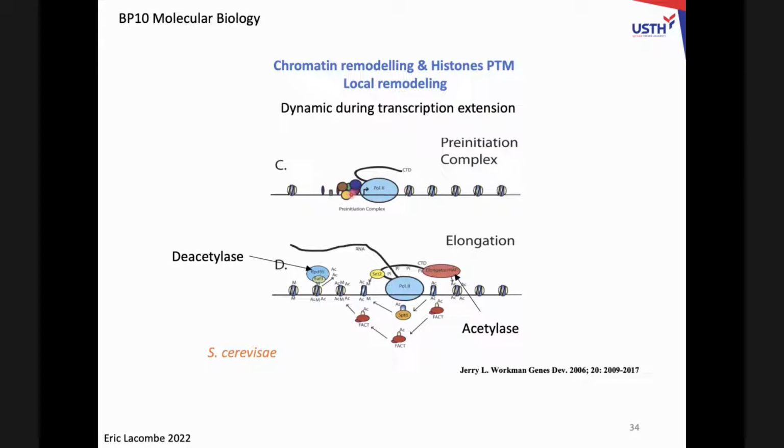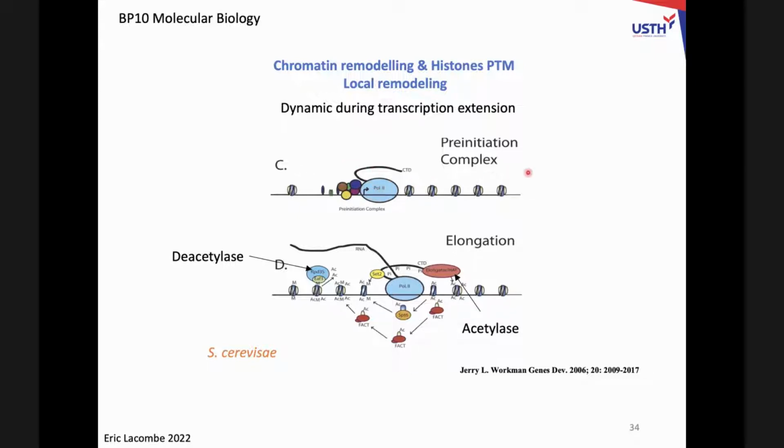RNA pol, general transcription factors, and this dark line, which is written CTD, is the C-terminal domain of RNA polymerase. It's a very important part of the RNA polymerase too, because it is the place where other factors are going to interact with polymerase in order to modulate its activity.